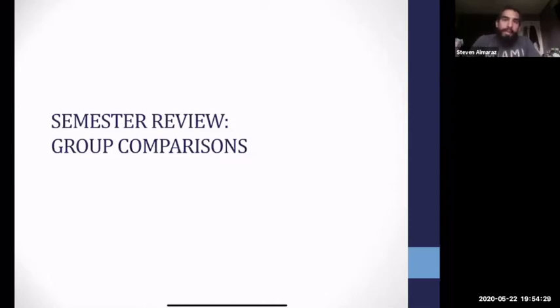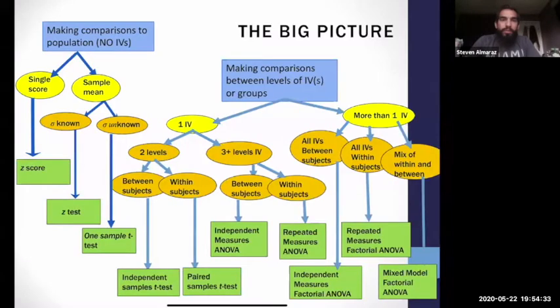Now, we began this course, really the middle chunk of this course was about group comparisons, okay? Now, we started off with our z-scores, our z-tests, and our one-sample t-tests over here on the left. And these were not really actually group comparisons at all. These were all about comparing individuals to a population, all right?